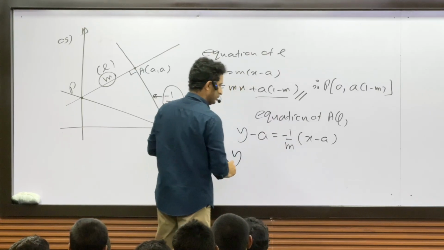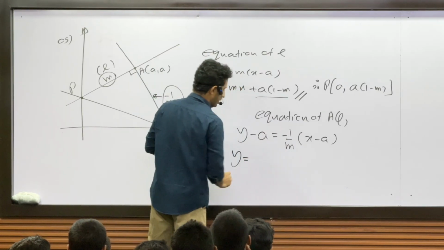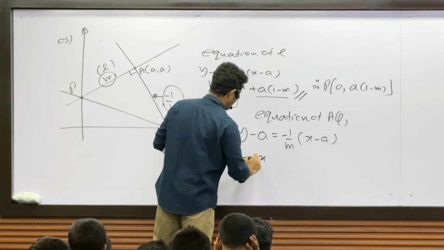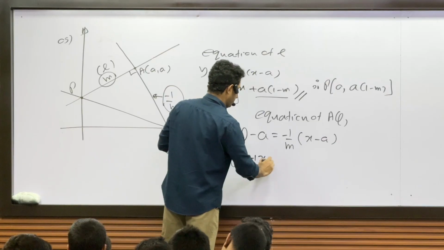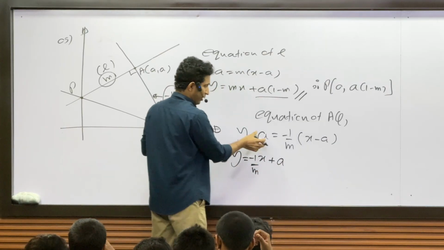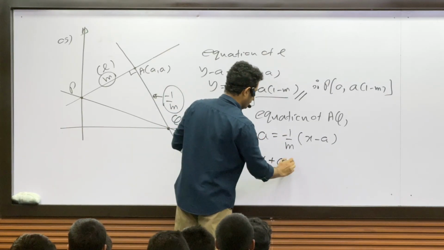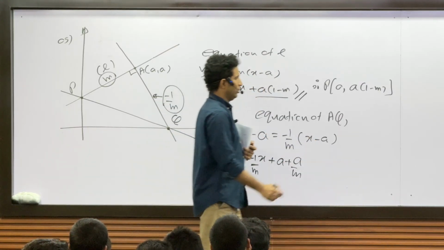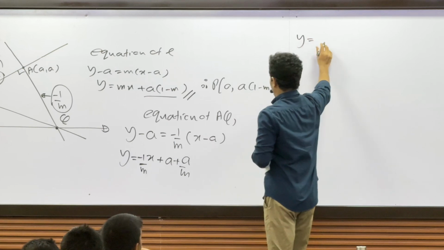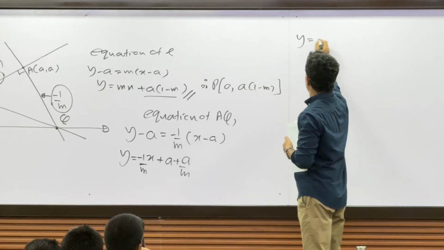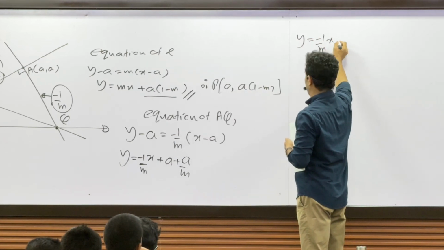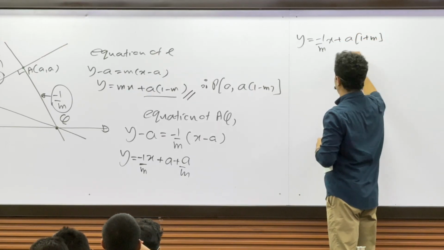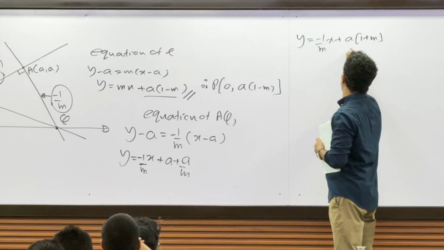Again you can put this in the form y equals mx plus c. So y equals minus 1 over m times x, plus a, plus a over m. Now y equals minus 1 over m times x plus a times (1 plus m) divided by m.